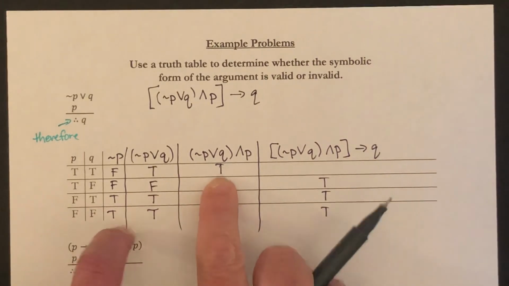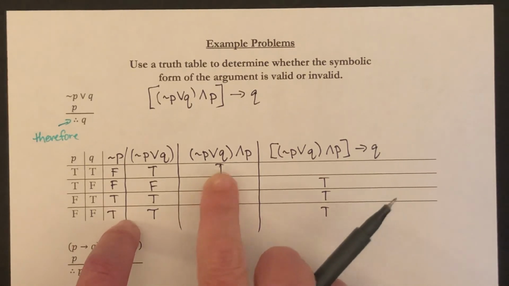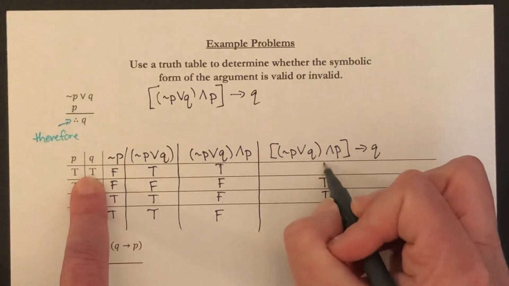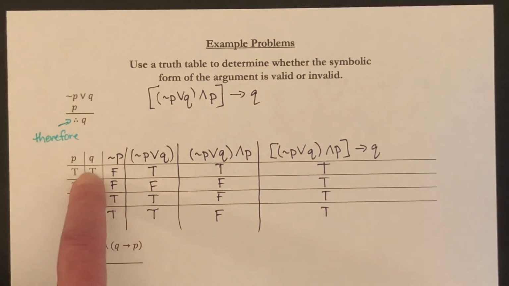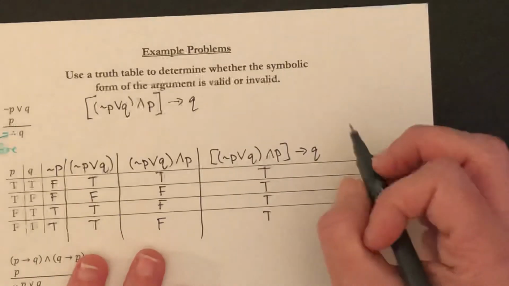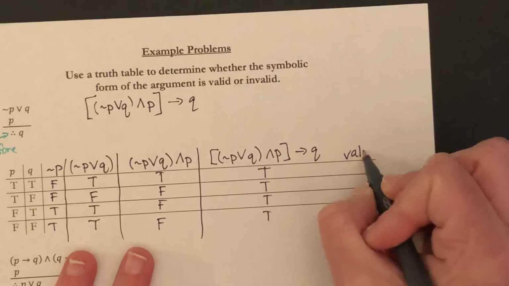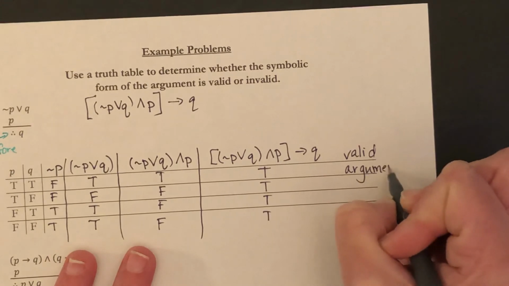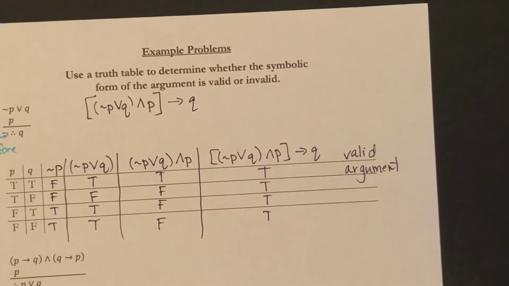Now I just need to check this top line, and it's if true, then true, which is true. Okay, so this is our final column. We ended up with trues all the way down, so this is a valid argument. It's actually of a special form that we'll be talking about a little bit later in this section.